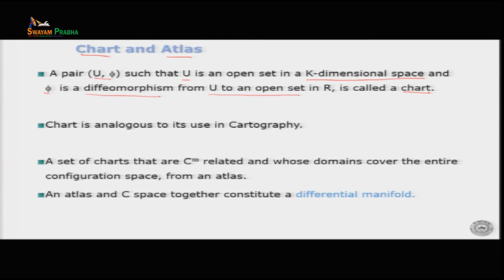A chart is analogous to its use in cartography, which is making maps. In map making we also call this a chart, which is a map, essentially a 2D representation of a spherical surface, which is the earth.